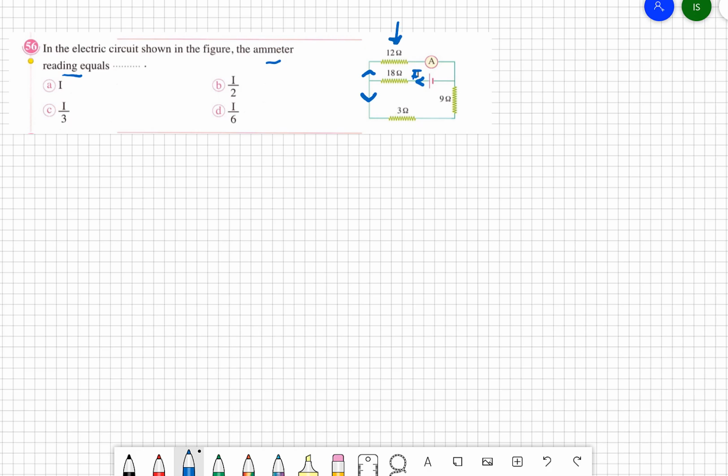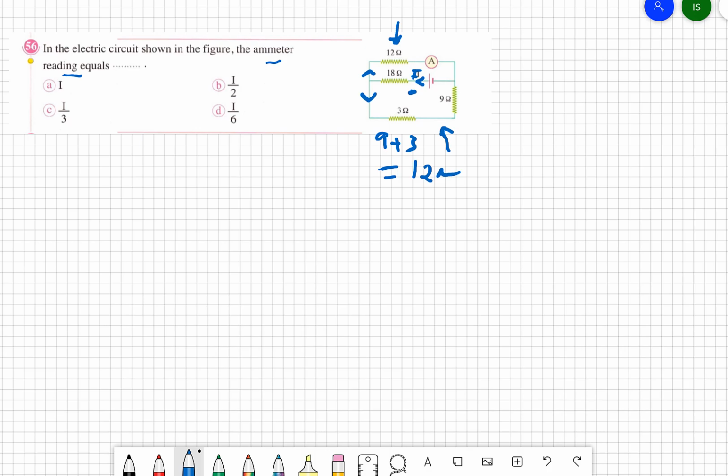It is 12. What is the resistance in the lower wire? Exactly 12. 9 plus 3 in series yields 12 ohm. So the current that will move in each of the upper wire and the lower wire equals half of the main current.